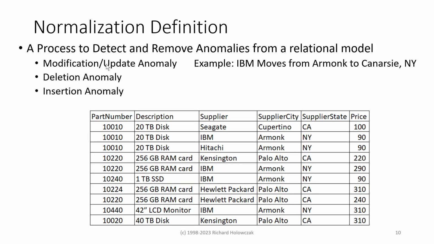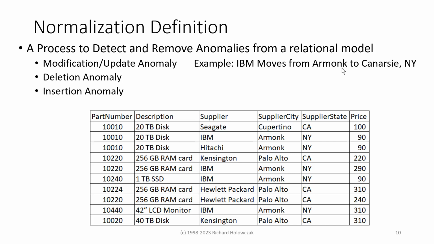The first type of anomaly is what we call a modification or update anomaly. And this occurs when we want to change one fact in our data, but we end up having to change it in multiple places. So here's the example. We see that IBM appears to be headquartered in Armonk, New York. You can see it a few places.